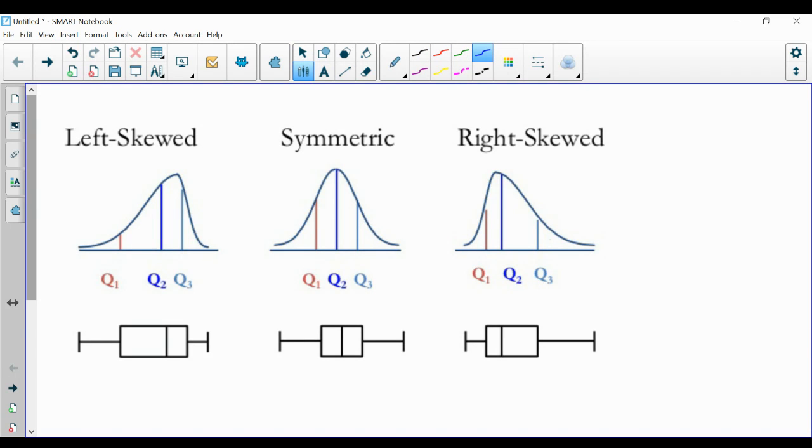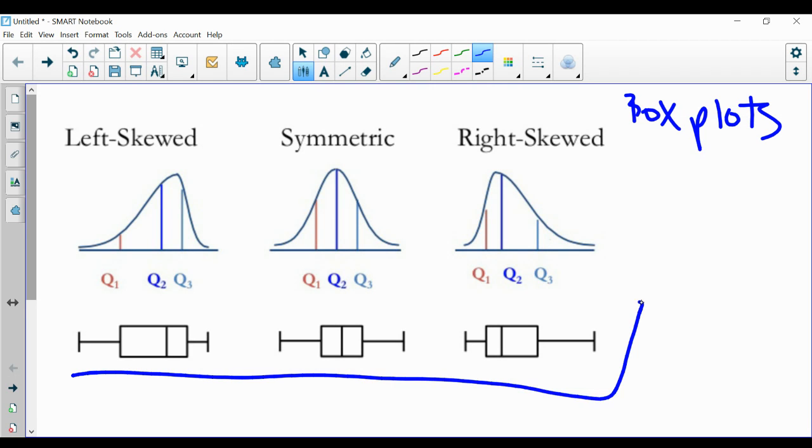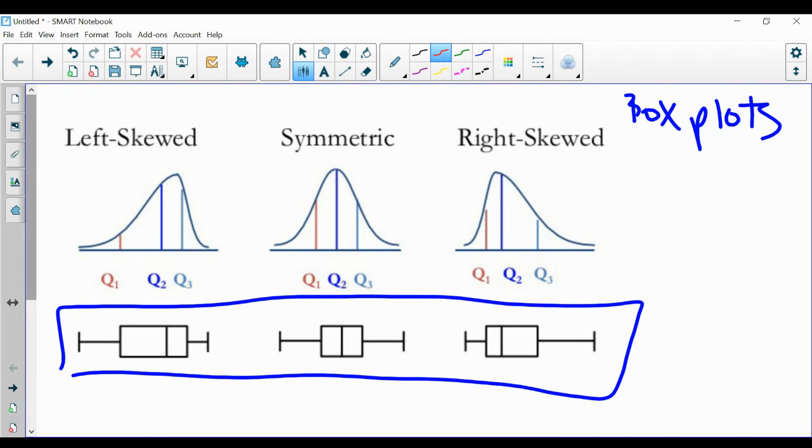Okay, so when you're looking at box plots, this is the first one that we're talking about. How do I figure out if my box plot is skewed or symmetrical? What this picture has done, which is a really great way to identify it, is draw a line that is the same length as your box plot or fairly similar.